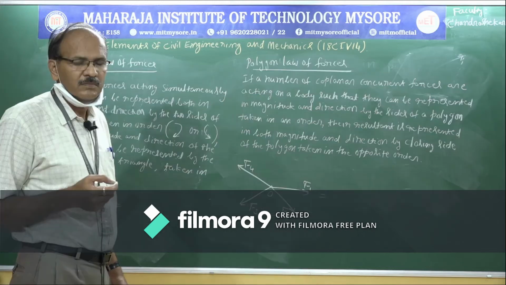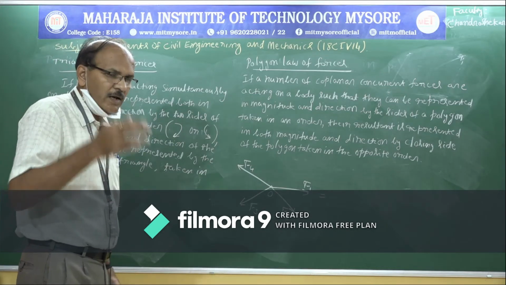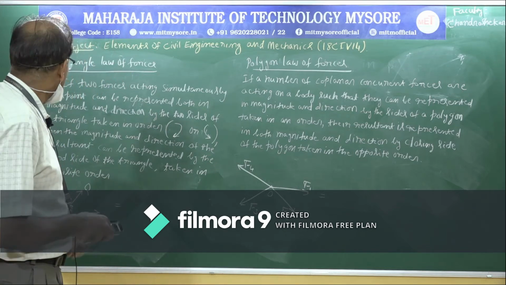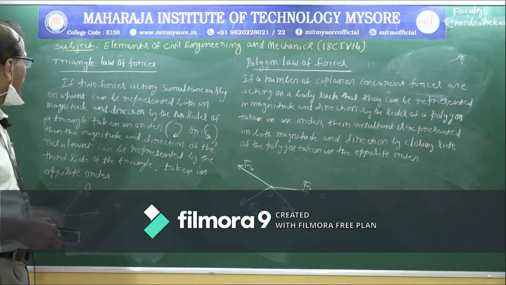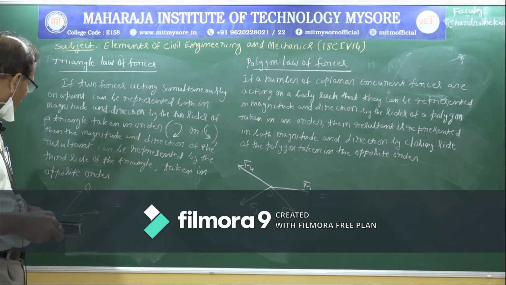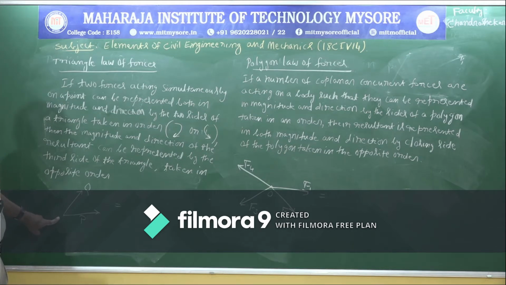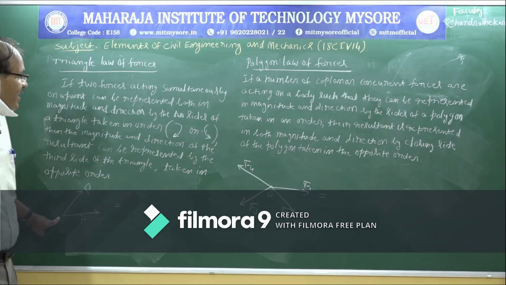Next. Now we are going to talk about triangle law of forces. So what does it say? If two forces acting simultaneously on a point can be represented both in magnitude and direction by the two sides of a triangle taken in order.